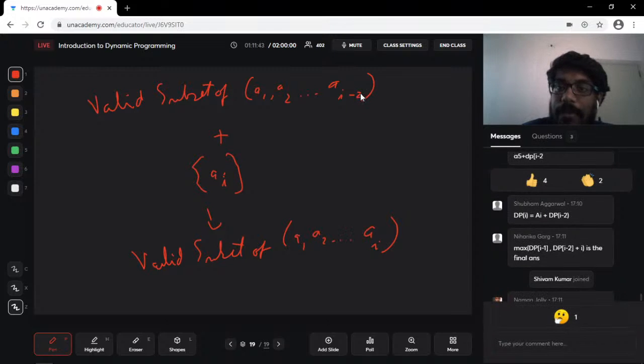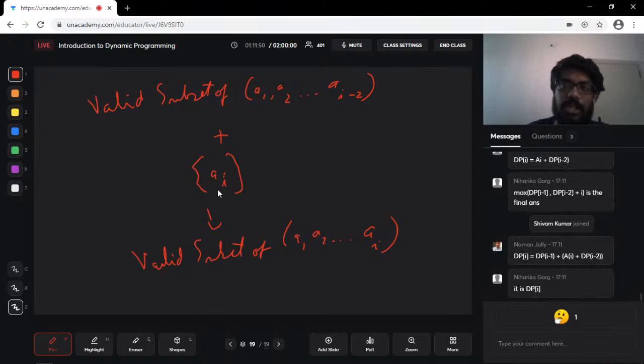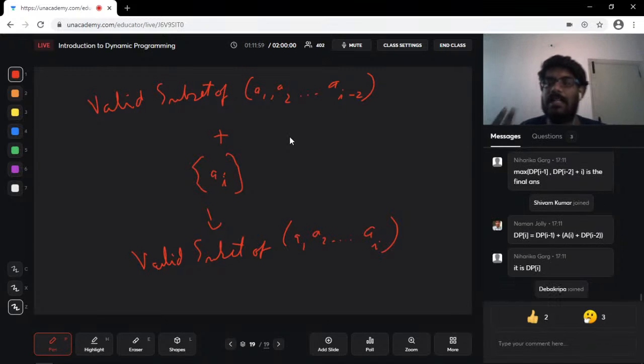But if this was ai minus 1, this is no longer true, because ai minus 1 could have been chosen, and if I add ai, I get consecutive elements. But here, any valid subset of this will not contain ai minus 1. So when I put in ai at the end, I'm not bringing in any illegal adjacency. What is illegal?